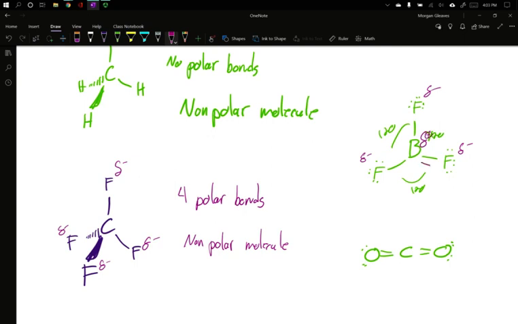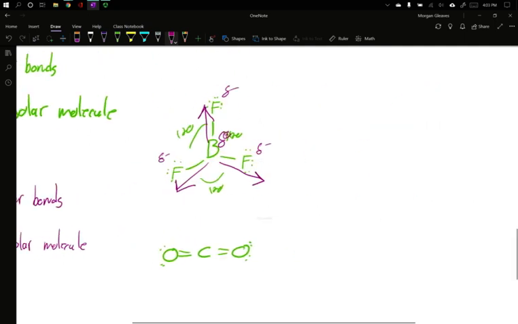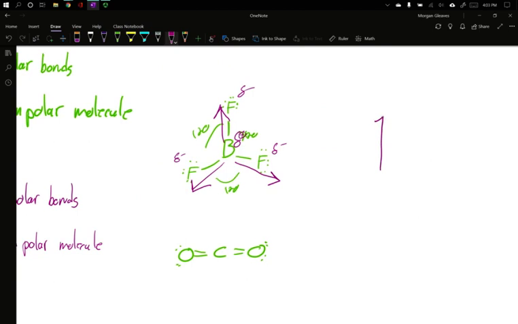The result is that, yeah, I've got electrons shoving out towards the fluorine. I've got them shoving out towards that fluorine. I've got them shoving out towards that fluorine. But if you think about just those directions, if you move up so much, and then you were to move this way so much, and then you were to move that way so much, well, we effectively just ended up back where we started.